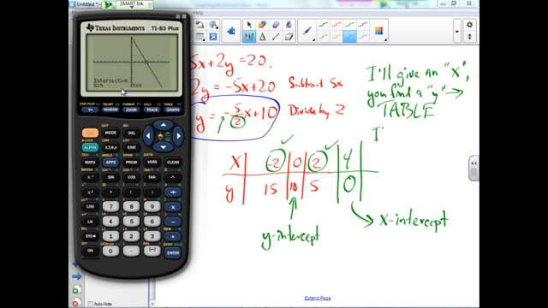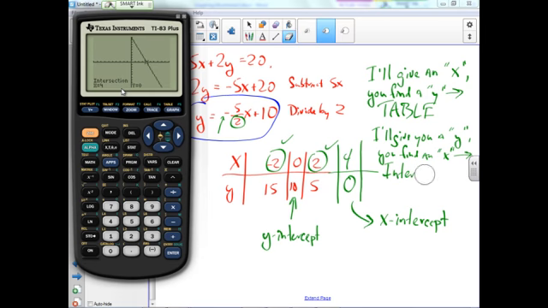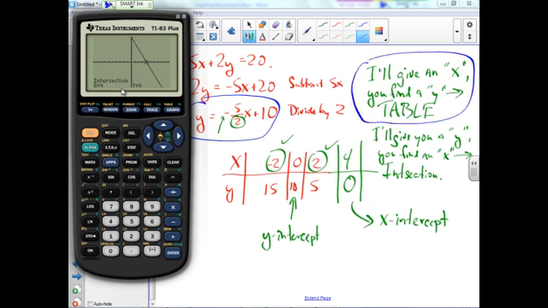Or I'll give you a y, you find what? An x. And to do that, do an intersection, which means, of course, you have to graph, you have to add a line, and do the intersection. You should really remember these, because this comes up all the time.